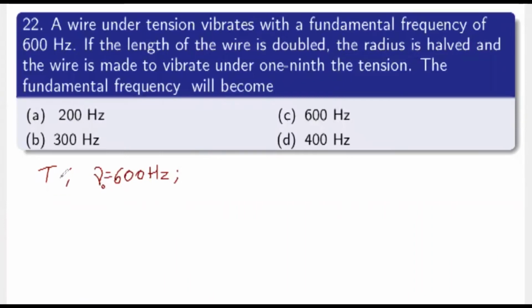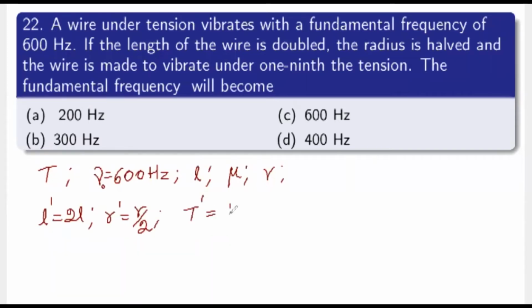Now what do they do? Let's assume that its length is L, mass per unit length is mu and the radius of the wire is R. If the length of the wire is doubled, L prime is 2 times L. Radius is halved, so R prime is R by 2, and the wire is made to vibrate under 1/9 the tension.